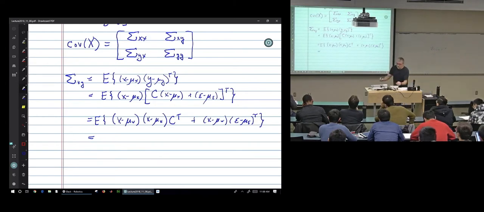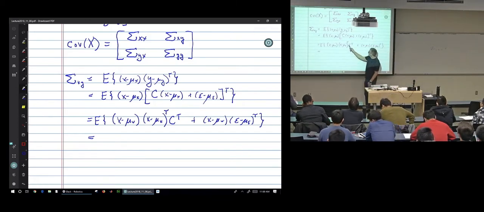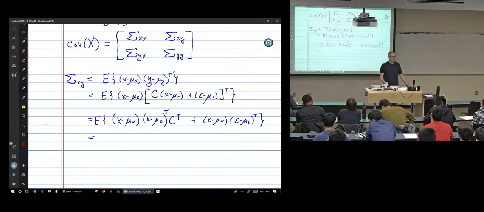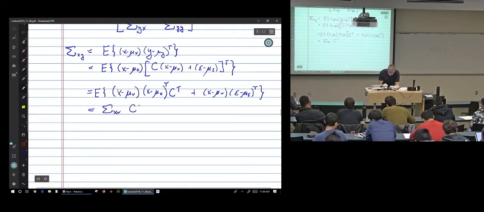Otherwise, it's not a covariance and the multiplication doesn't make sense. Thank you. I was so thrilled to get my C transpose on the right side that I forgot that one. Anything else? Okay, so this is sigma xx C transpose and then plus 0.